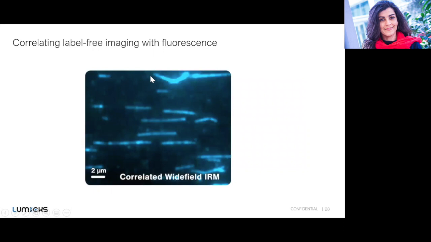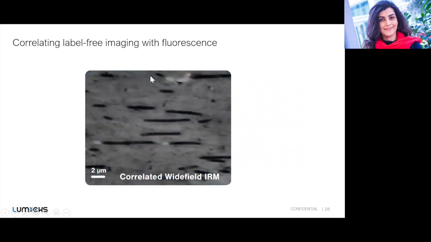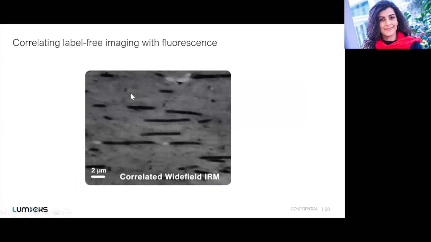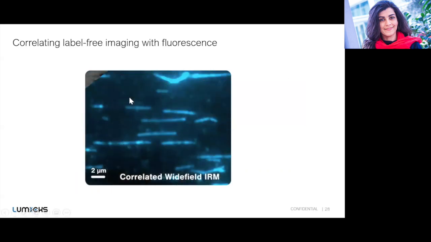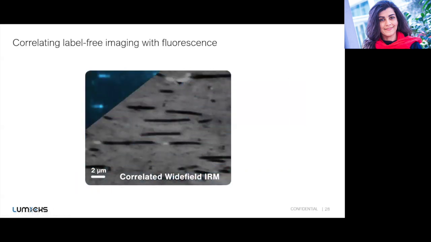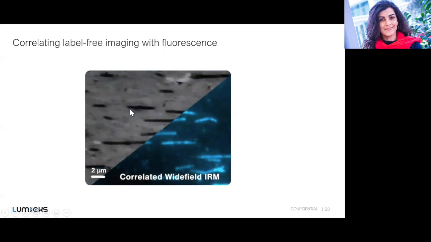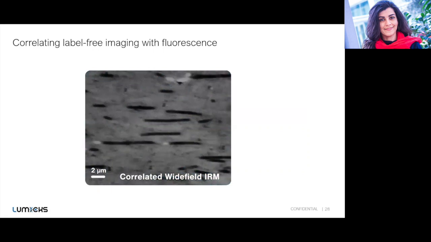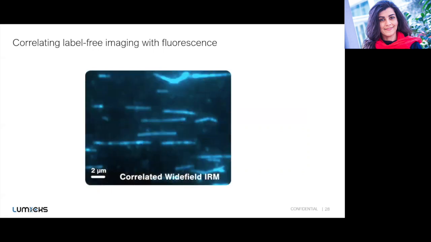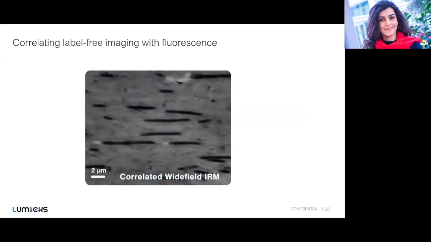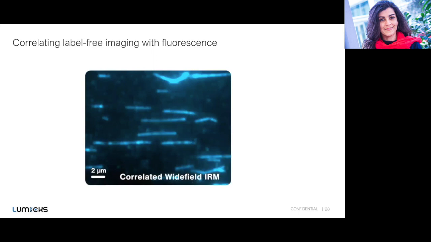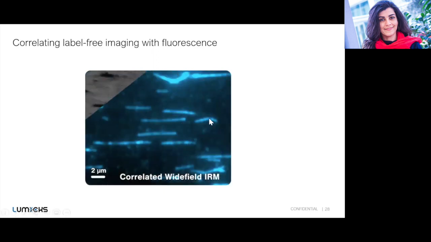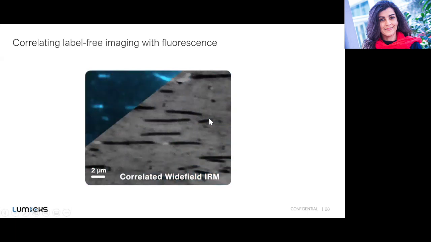Or for example, you can combine IRM with fluorescent microscopy. You can have microtubules without label on the glass and use IRM to image that, and have the proteins that bind to microtubules fluorescently labeled, and use TIRF or wide field to image those proteins.